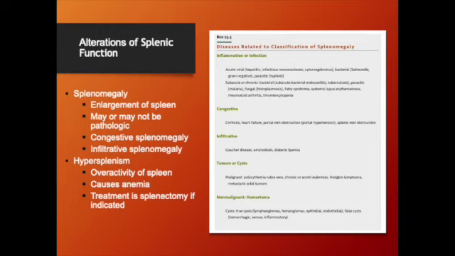So there are 4 components that indicate the presence of hypersplenism. Cytopenias. Think of anemia, leukopenia, thrombocytopenia, or a combination of these penias. You might have cellular bone marrow, splenomegaly, and improvement after splenectomy. So after you take out the spleen, the patient improves. Therefore, we know that there was hypersplenism.